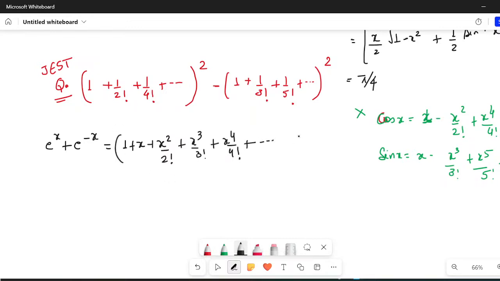And then you have this term, exponential of minus x. This will be 1 minus x plus x square upon 2 factorial minus x cube upon 3 factorial, so on and so forth.